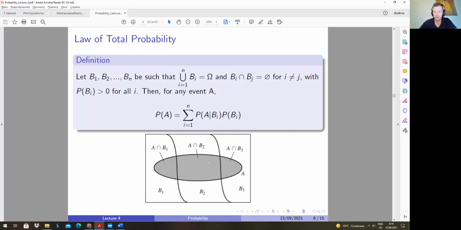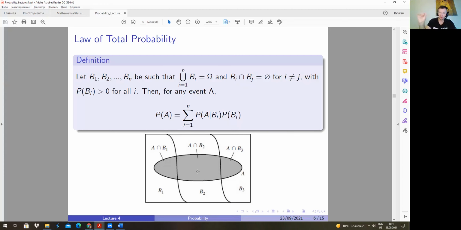And here is a picture, so probably it will give you an idea how this rule works. Look, we have 3 events, B1, B2, and B3. Those are these white areas. B1 is this area, B2 is this area in the center, B3 is this area to the right. So their union gives us the whole sample space, the whole rectangle here.